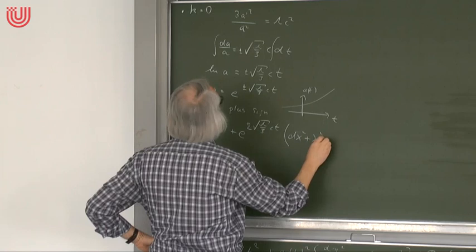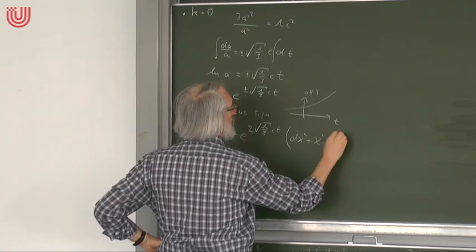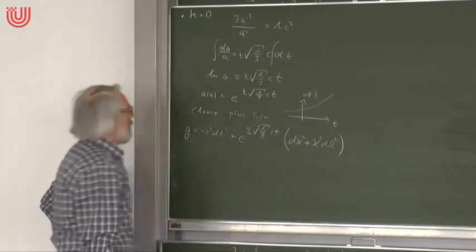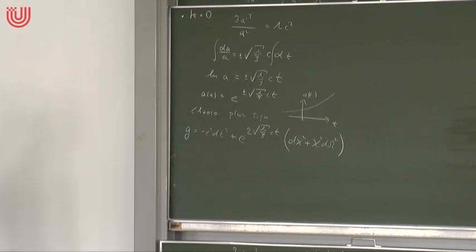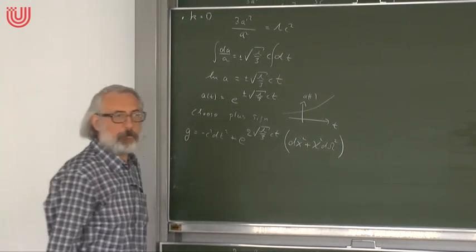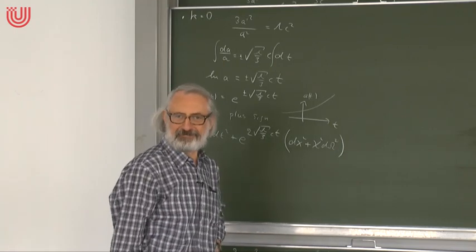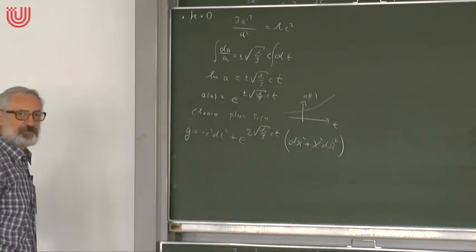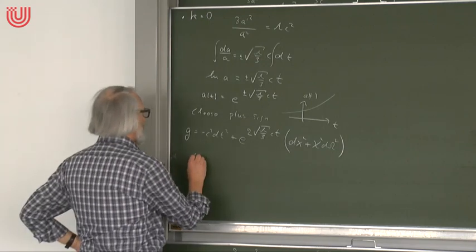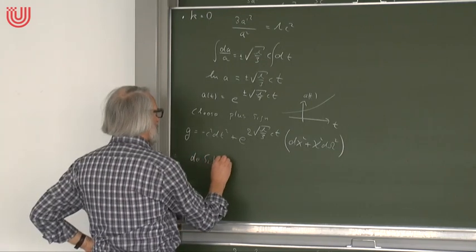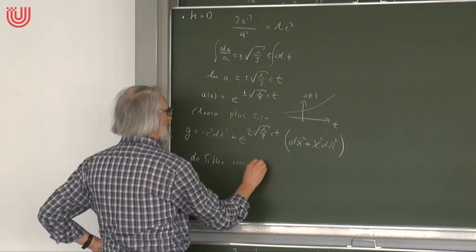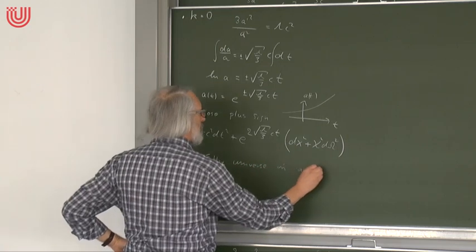And here I have chi squared, the omega squared. So what is this? Has anybody seen this metric before? Believe it or not, it's again the zeta universe, in a different representation.